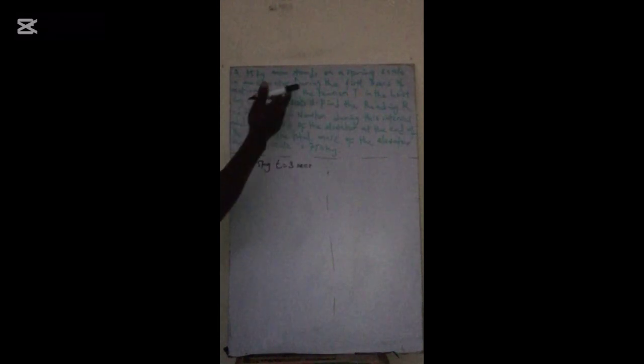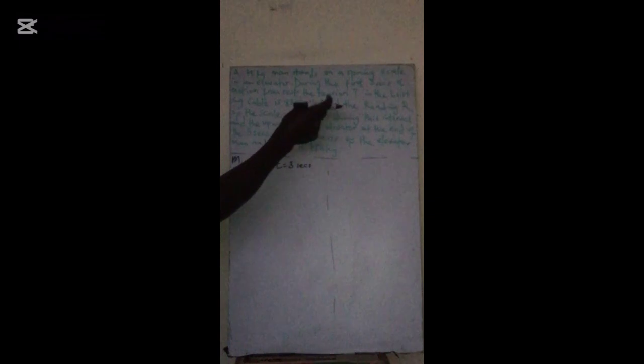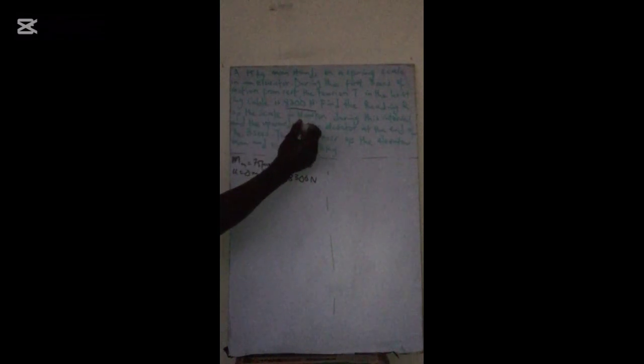Then from rest, we also have u is equal to 0 meters per second. Then the tension T in the hoisting cable is now T is equal to 8,300 Newton. This T here is the tension. So find the scale reading in Newton during the interval and the upward velocity of the elevator at the end of the 3 seconds.